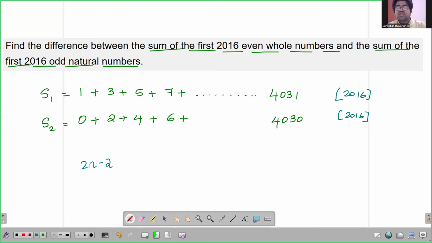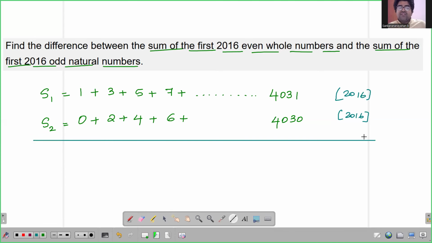Second term: 2 2s are 4, 4 minus 2 comes as 2. Third term: 2 3s are 6, 6 minus 2 comes as 4. Like that it goes. So the nth term associated with S2, I can write as 2n minus 2. For 2016, 2016 into 2 is 4032, minus 2, it comes to 4030. Okay, so that's what I was telling you.